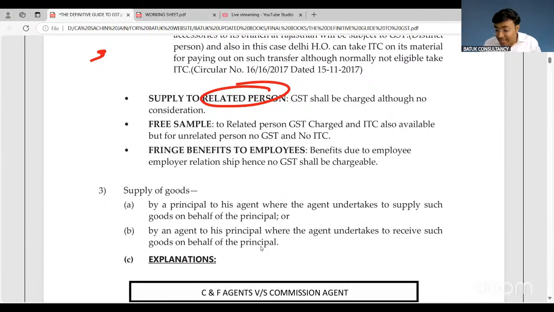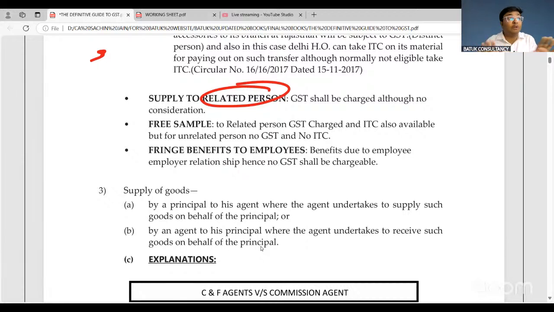If the businessman says that I am providing it as a free sample and not taking any consideration for this sample, then also yes, GST will be applicable unless you have not claimed the input tax credit. That means you have bought certain products and you are providing them as a free sample, and if you have not claimed the input tax credit on the purchase of that sample, then it is completely okay.